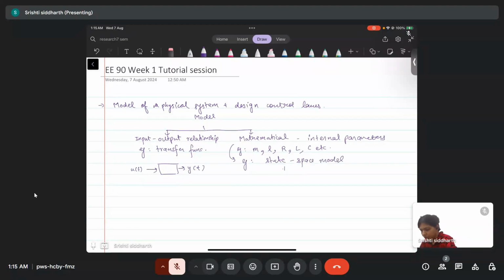So this is the model represented by first order differential equations.